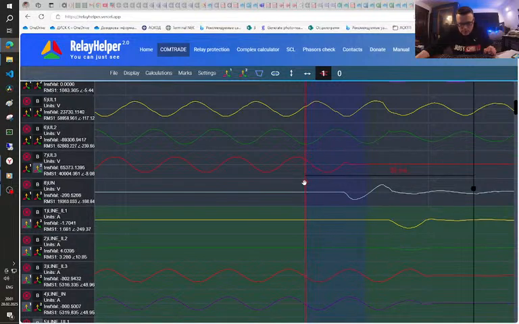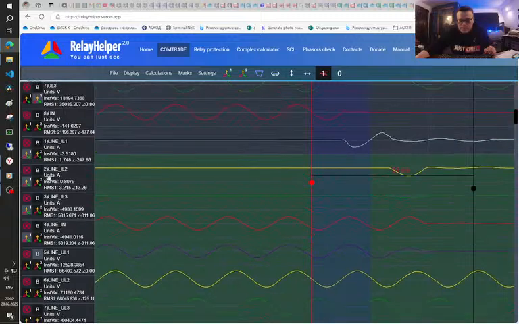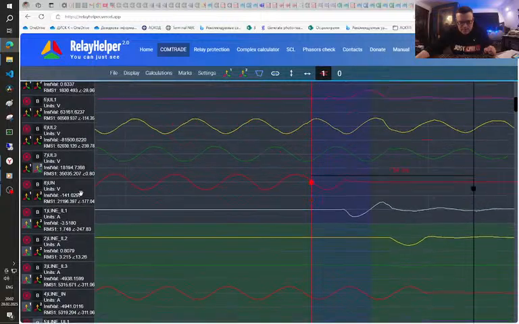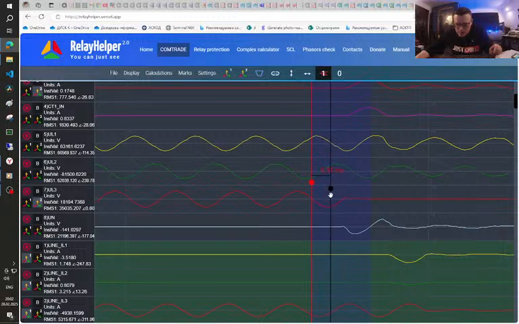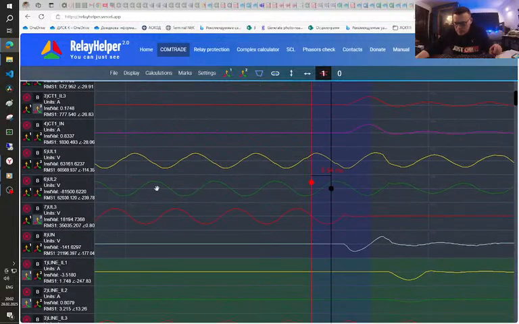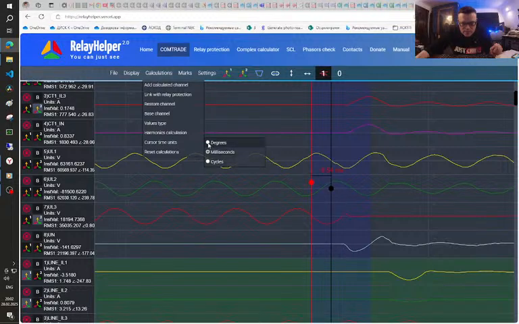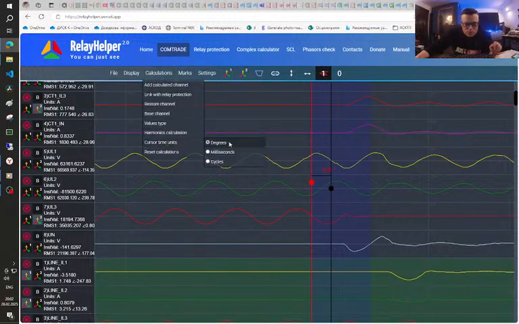Okay, so let's find the zero crossing of phase A voltage, and now you can see that it's not synchronized. The difference in time between them is about 6 milliseconds, and in degrees it's about 118 degrees between them. Let's switch to milliseconds.